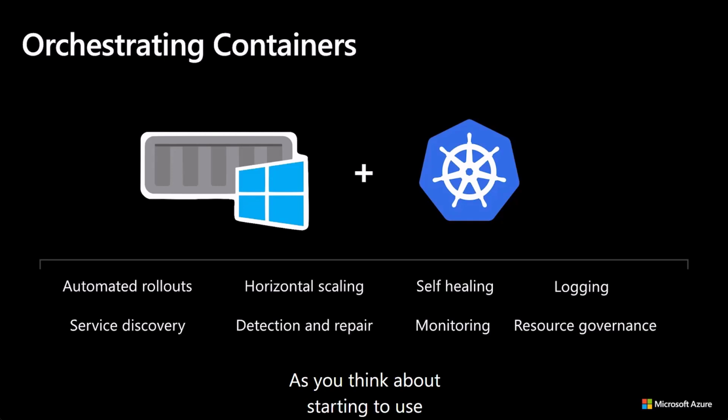And as you think about starting to use container orchestrators in something like Azure or on the edge with AKS on Azure Stack HCI, there's all these great plugins that come along that make it all the more easier to run your containers at scale and monitor them. So like I was saying at the beginning, container orchestrators are a very crucial thing to think about as you think about starting to use Windows containers.